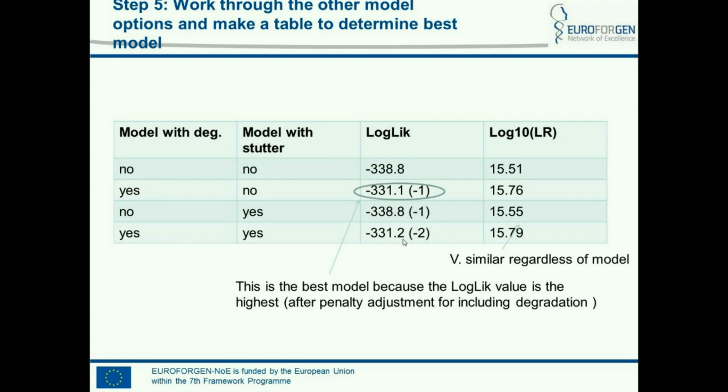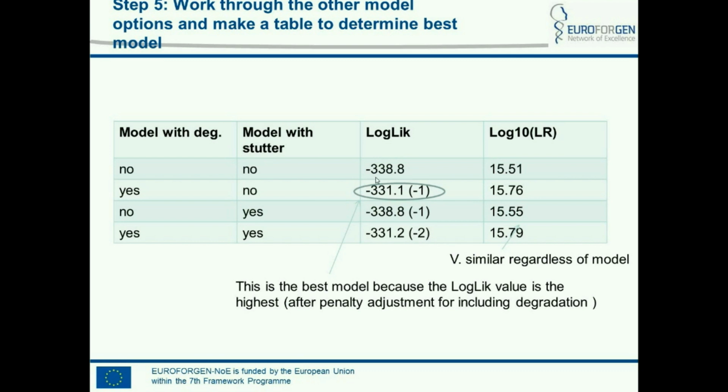Now we have to take account of a penalty, because each time we include an extra parameter, then we need to penalise the likelihood by -1 for every parameter that we include. So if we include degradation, then it's penalised by -1. If we include degradation with stutter, then it's penalised by -2.